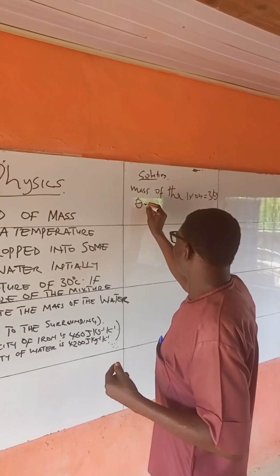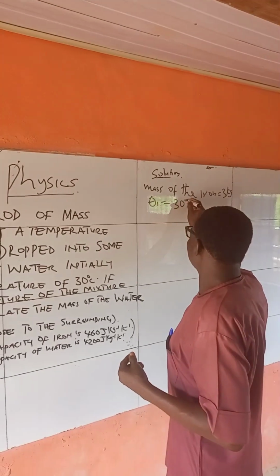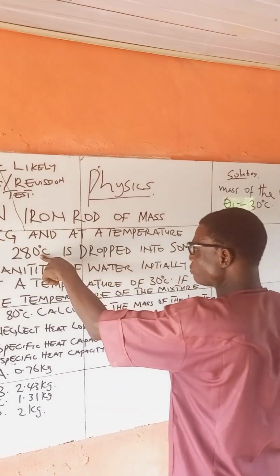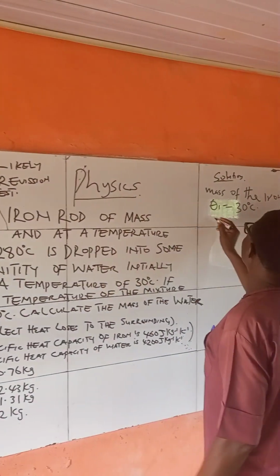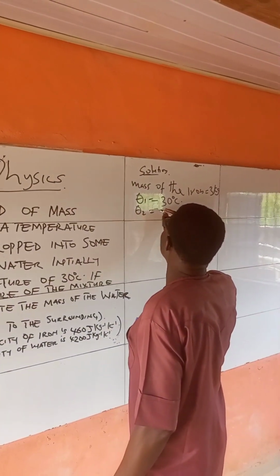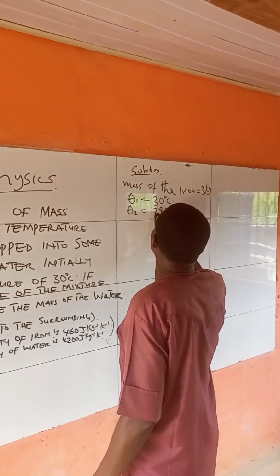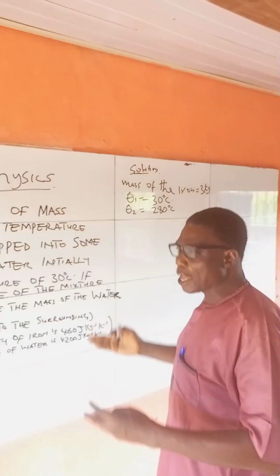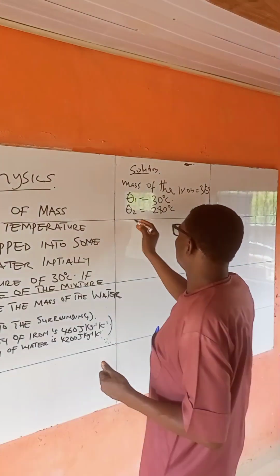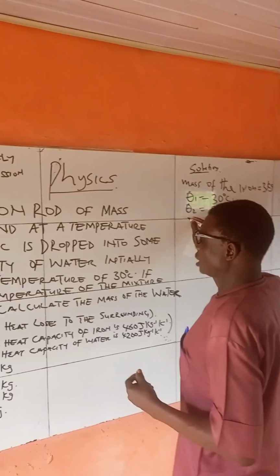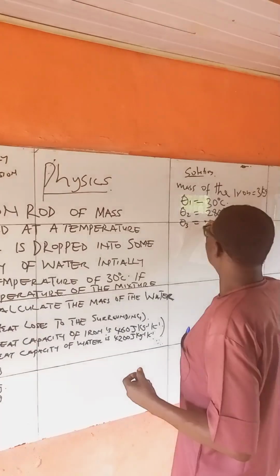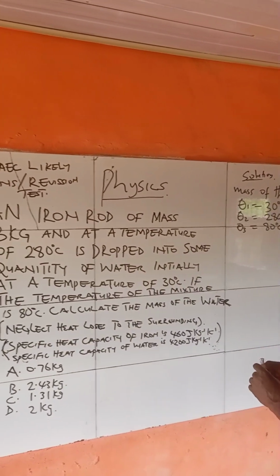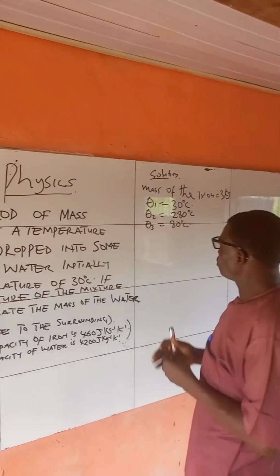So theta 1 equals 30 degrees Celsius. Then theta 2 is the temperature of the iron, 280 degrees Celsius. Then theta 3 is the temperature of the mixture, 80 degrees Celsius. So we have brought out all the information from the question.